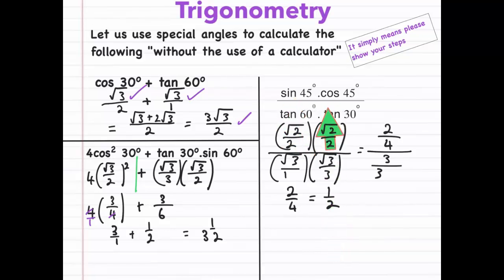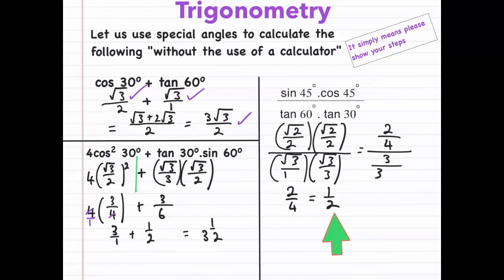And you can type this into your calculator by using that little fraction line. So you can just say sine of 45, and then you multiply with the cosine of 45 degrees. And then as the denominator, you can just type the tangent of 60 degrees times the tangent of 30 degrees. And then you can just double check if you get the right answer, which is a half.